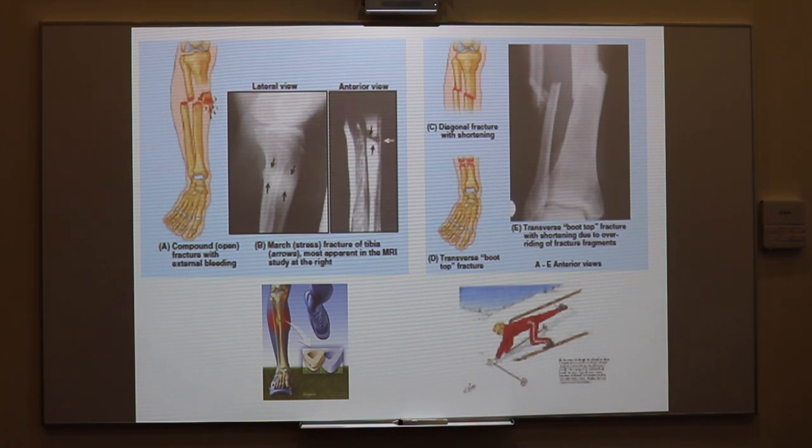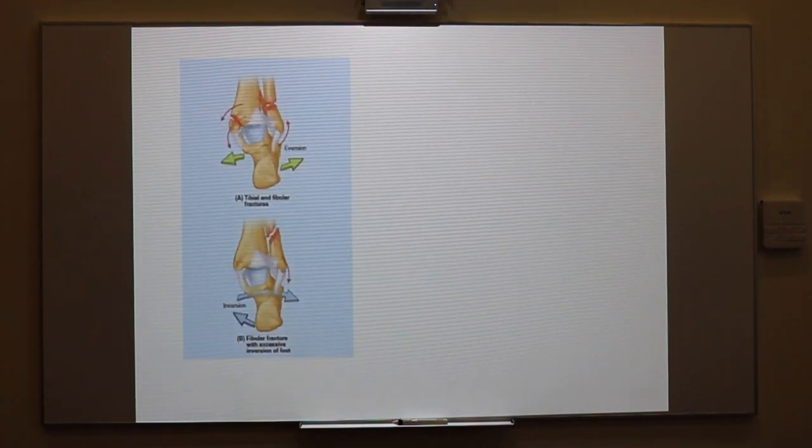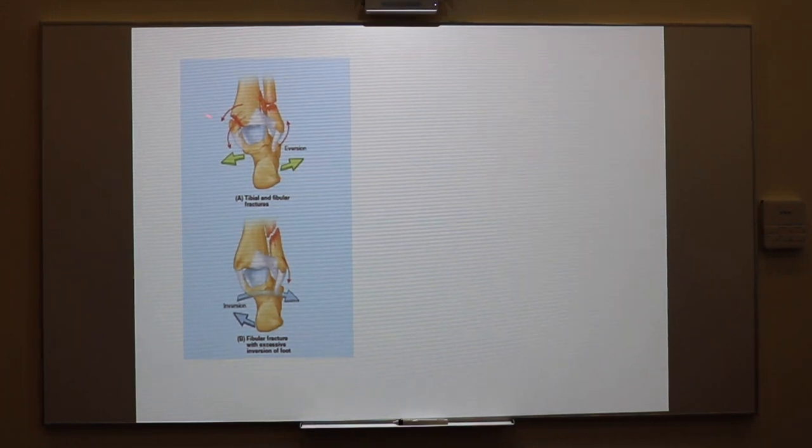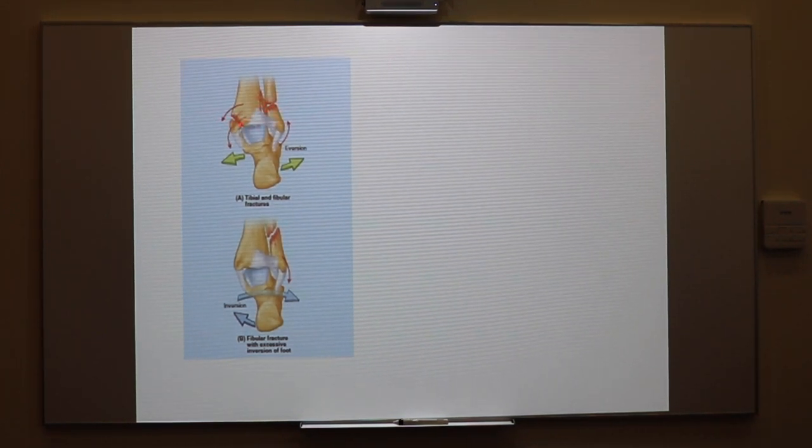Okay, next we are going to look at the malleolar fractures. You can also have fractures of medial and lateral malleolus together, like in eversion type of injuries. If your limb gets everted, when you are basically trying to walk and you suddenly have eversion of the foot, it can result in fracture of both medial and lateral malleolus.